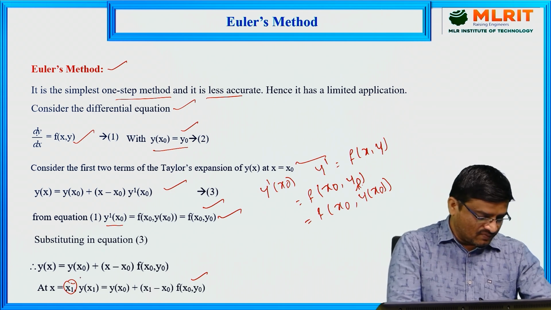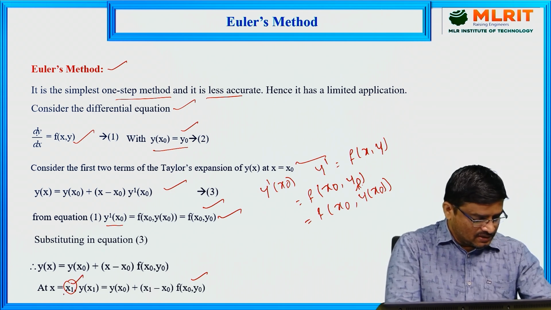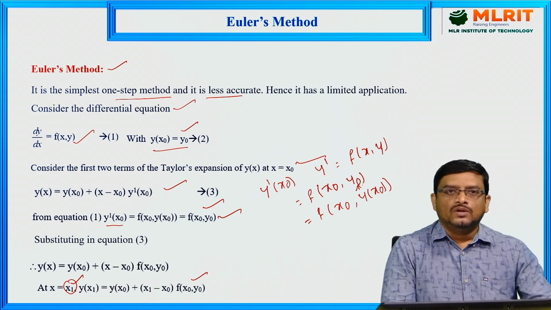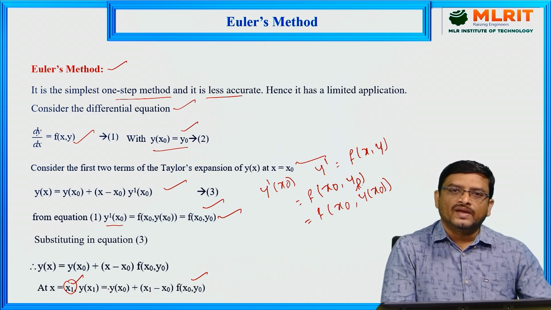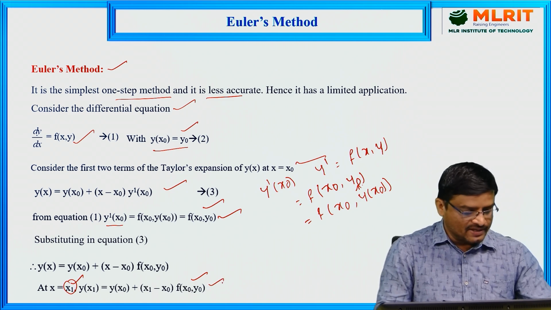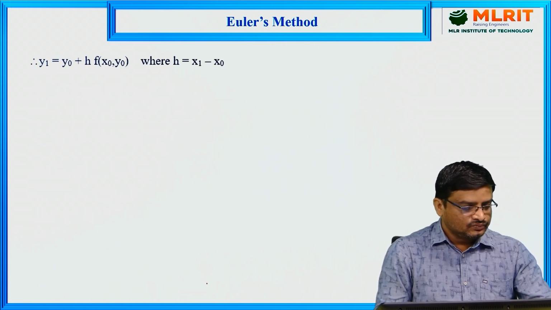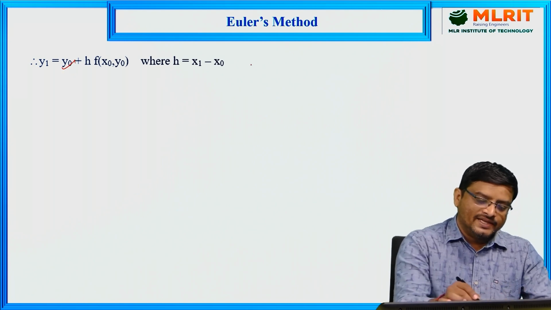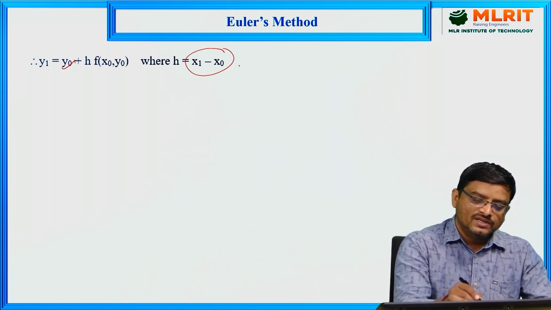I am taking the first x value as x is equal to x1, so we get y of x1. Whenever we want to get the y of x1 value, we have to consider x naught and y naught as the initial condition. That's why we have taken this entire formula in terms of x naught and y naught. So y of x naught we can take as y naught plus this one, x1 minus x naught.